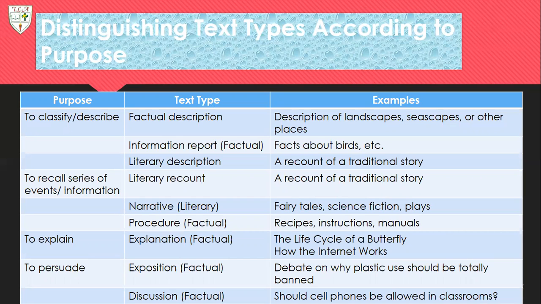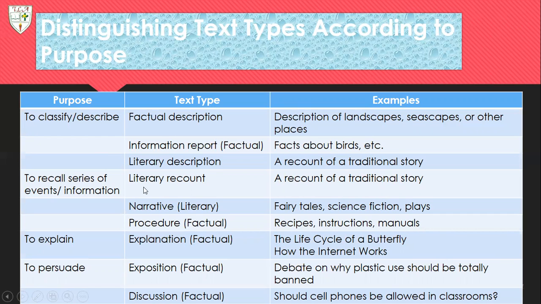Another kind of text type under classify and describe is the literary description. So this falls under the literary text type. So an example is a recount of a traditional story. Next purpose is when you need to recall series of events or information.